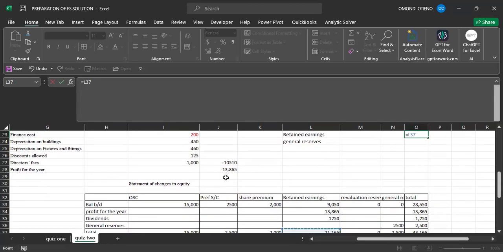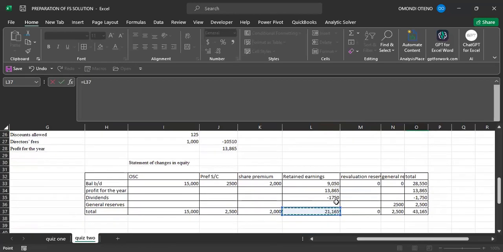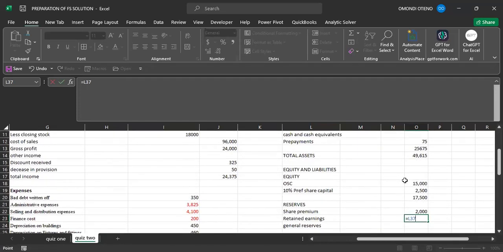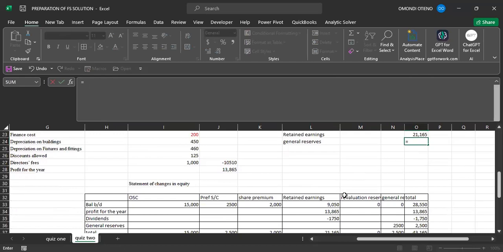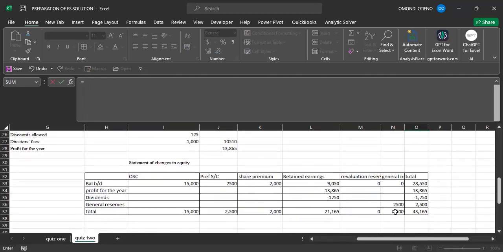Because the dividends that were paid or declared, and also what was transferred to general reserves, affected our retained earnings account. And that's why we have to take it from the statement of changes in equity. General reserves, it was not there in the trial balance, but if you go to the statement of changes in equity, we have it down here.